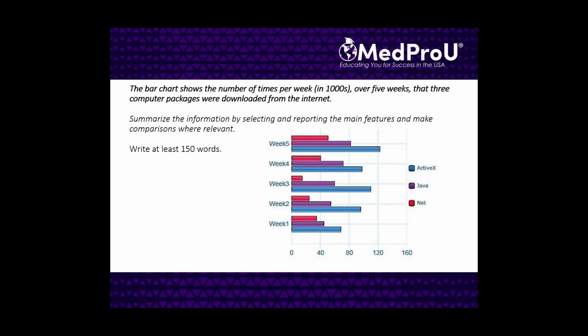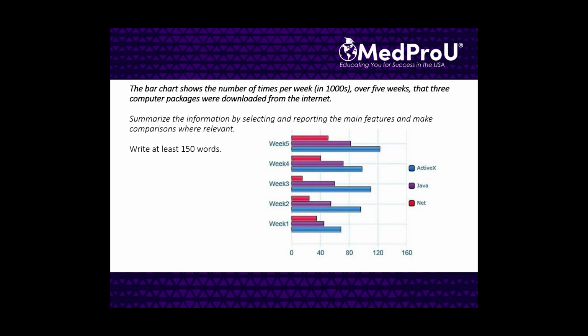So now, what are the highlights? Peterson, the bar graph indicates the number of times per week in thousands that three computer packages were downloaded over a period of 5 weeks. That's correct, but please use proper capitalization. In your IELTS test, do not write in all caps. It looks like you are shouting.